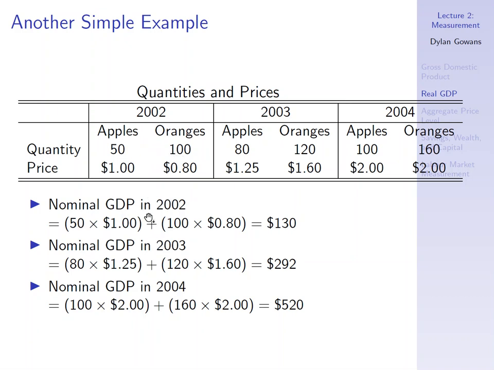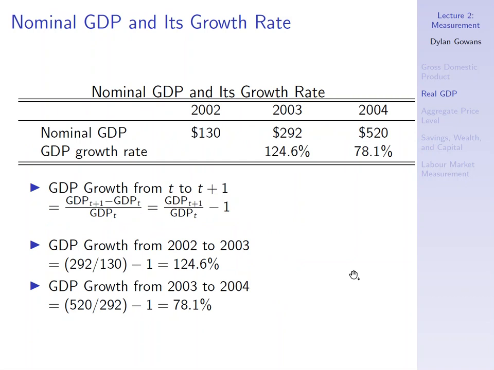Or put another way, it's how much was spent on apples in a given year plus how much was spent on oranges in that year. So you can see here nominal GDP in 2002, in 2003, and in 2004. Then we can use these values to calculate the growth rate of nominal GDP between any 2 years.